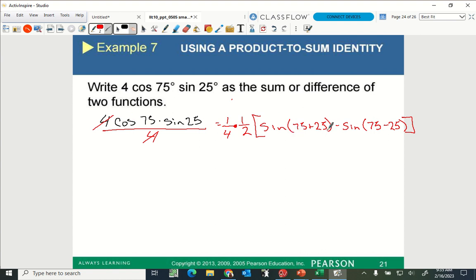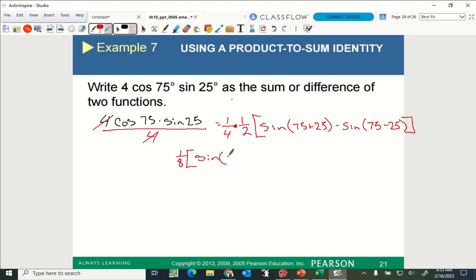Now, let's go ahead and start putting stuff together. So 1/2 times 1/4 is 1/8, right? Bracket means the same thing as the parentheses. And that's going to ask for the sine of 75 plus 25. What is 75 plus 25?